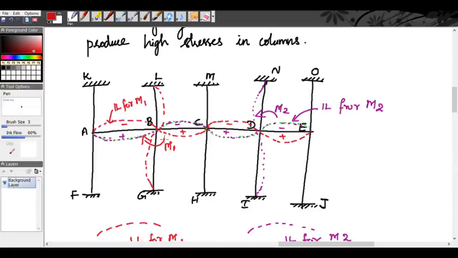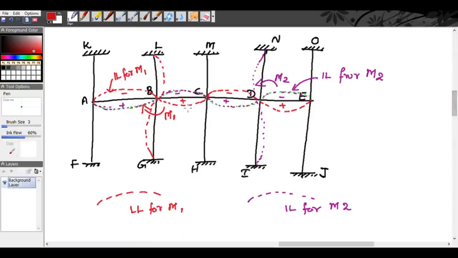For BG, this is the influence line diagram for M1. Your moment is acting like this, so our bending moment diagram is this. The red dotted line is the live load influence line for M1.